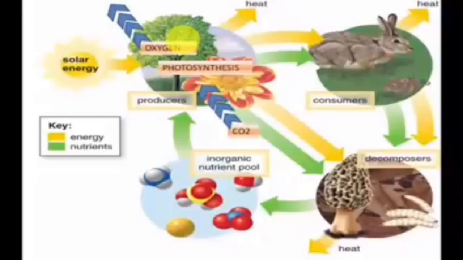Now, the primary producers, as you're seeing the arrow moving there, are plants, through a process known as photosynthesis. They take in carbon dioxide and give out oxygen, and with the help of solar energy produce food.